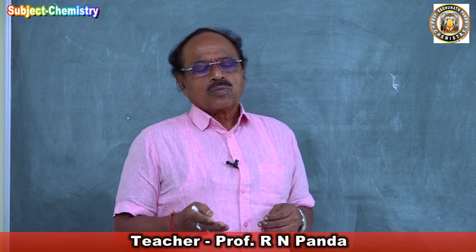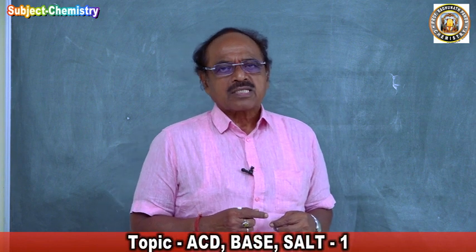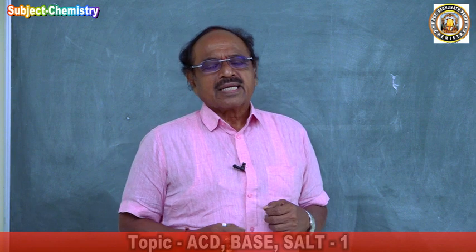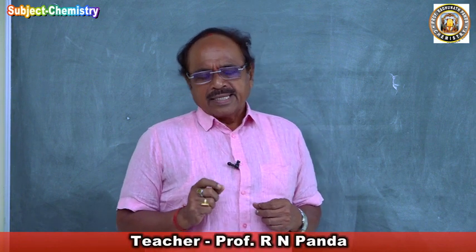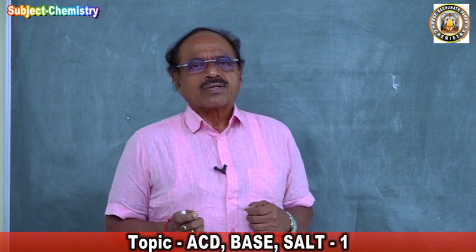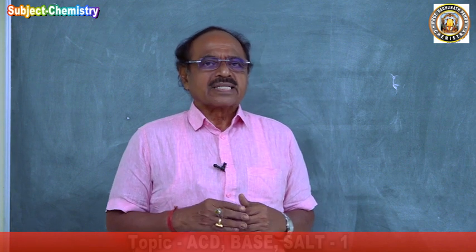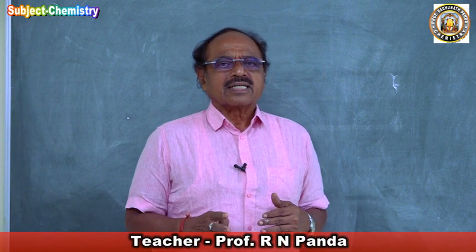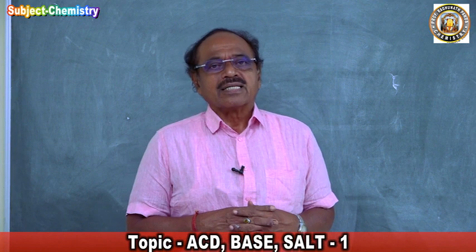All the group 1 elements, lithium, sodium, potassium, rubidium, cesium, are highly electropositive metals: LiOH lithium hydroxide, NaOH sodium hydroxide, KOH potassium hydroxide, RbOH rubidium hydroxide, CsOH cesium hydroxide. All these are strong bases. Those bases which are soluble in water are called alkalis, and that's the reason these elements are called alkali metals.